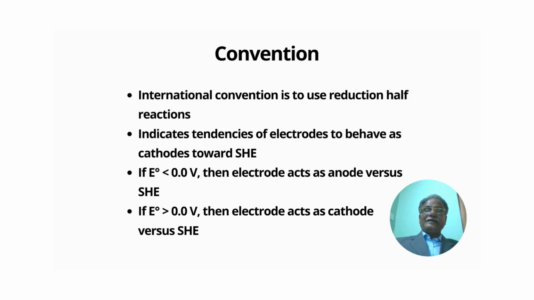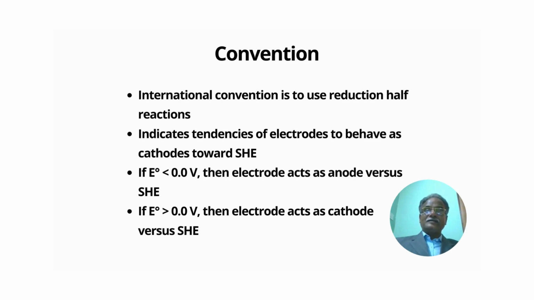If the standard reduction electrode potential of an element is less than 0.0 volts, then the electrode acts as anode when it is connected with the standard hydrogen electrode. It is very important, I am repeating again.